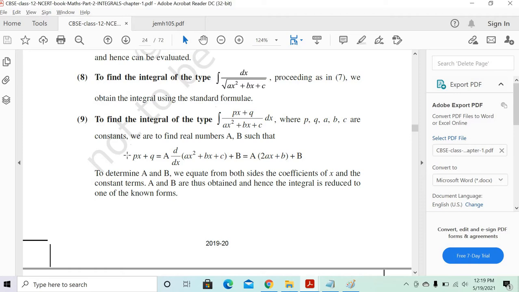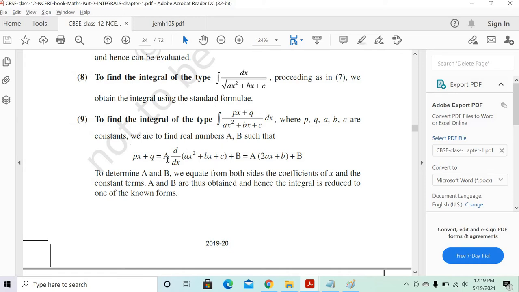If the numerator is a differentiation of the denominator, then you can directly substitute the denominator as t. You can directly write ax square plus bx plus c is equal to t, and when you differentiate it, you already get the numerator part.